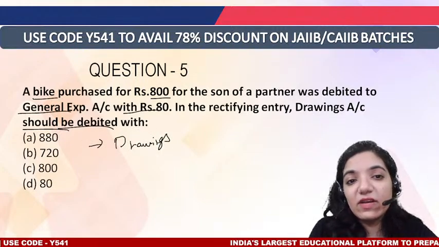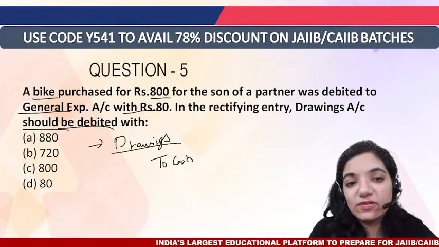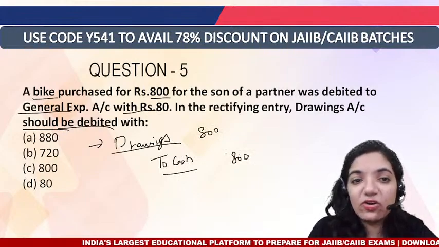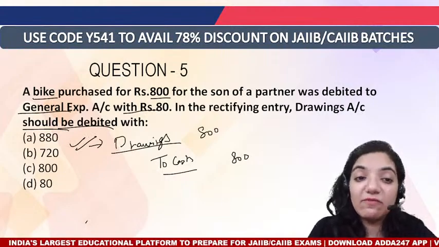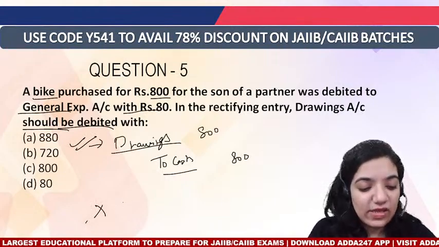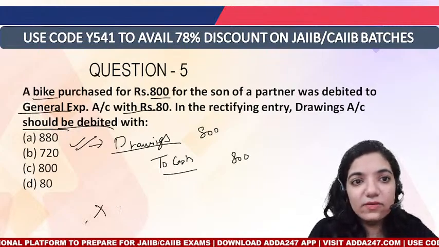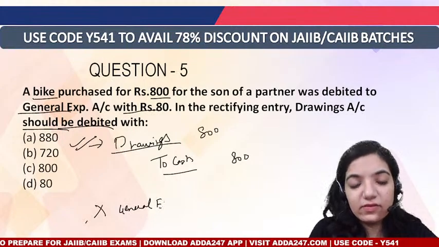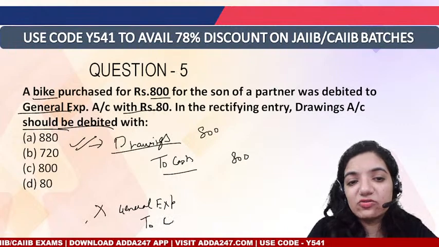We have given drawings, so basically we would have given cash to purchase something. This is the correct entry that was supposed to be passed. But they have made a mistake, and the mistake is that it was debited as a general expense. Right? It would be general expense to cash.